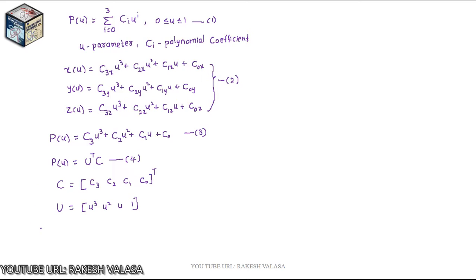We get p dash of u equal to summation i equal to 0 to 3 Ci into the derivative of u power i, similar to x power n becoming n x power n minus 1, that is i into u power i minus 1, with limits 0 less than or equal to u less than or equal to 1. This is the equation number 5.